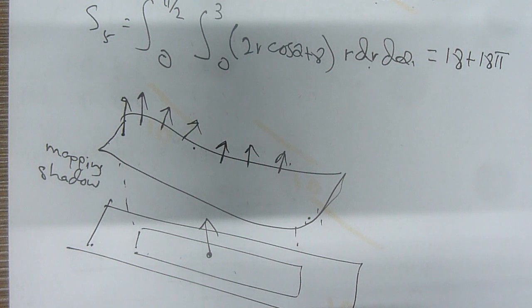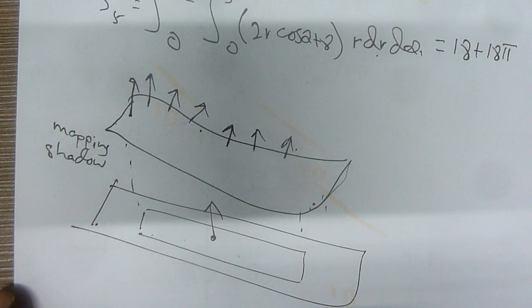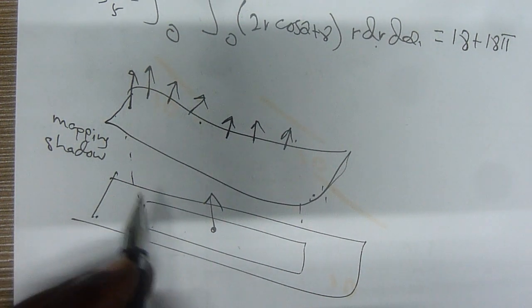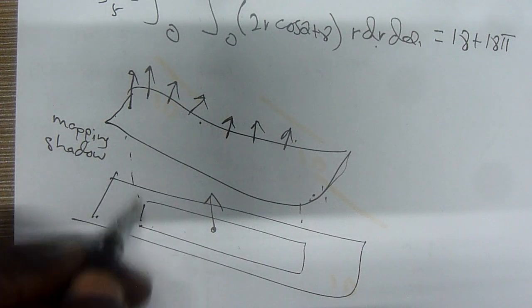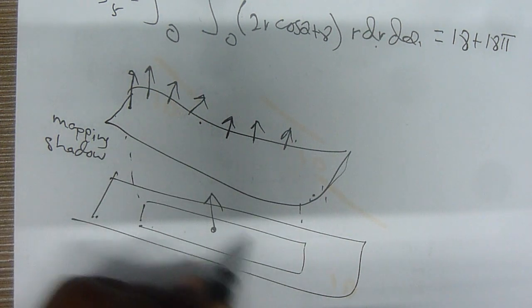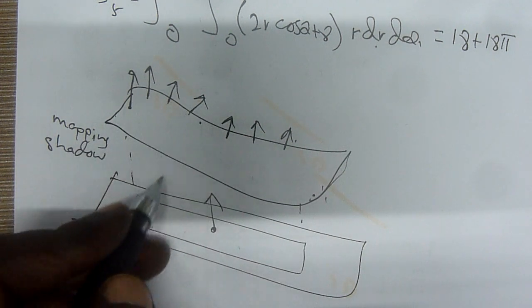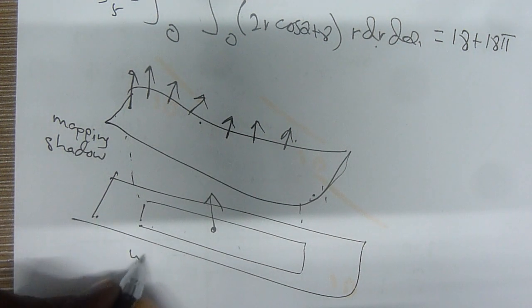Okay, but before we go and calculate certain things for the shadow, I want you to understand certain information about that. When I shadow, all the shadow must fall into this surface, the actual surface must fall onto this whole.